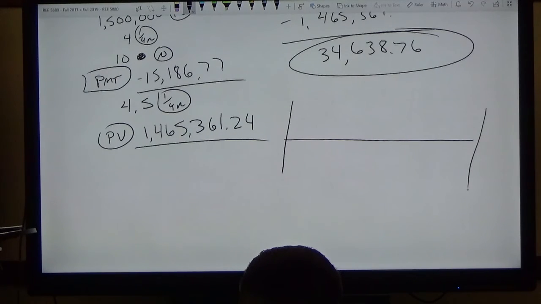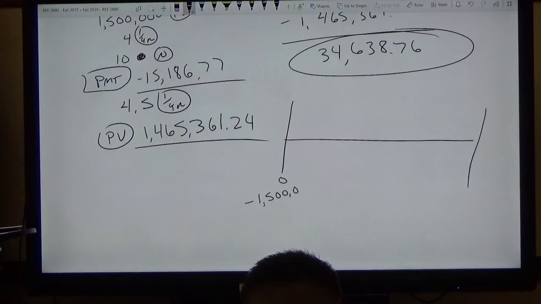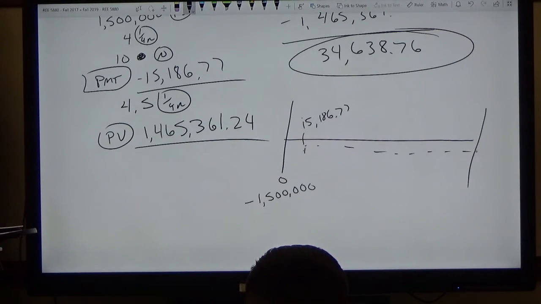The lender, okay, let's look at what's actually happening on a timeline. From the lender's perspective, at time period 0, they are disbursing $1,500,000. Then each month, starting in month 1, they are getting back $15,186.77 for 120 months.